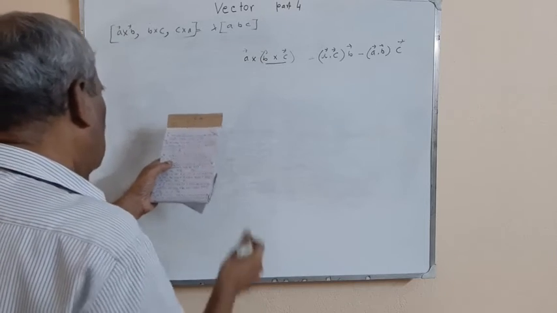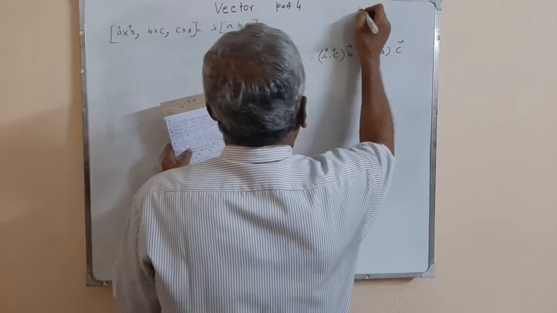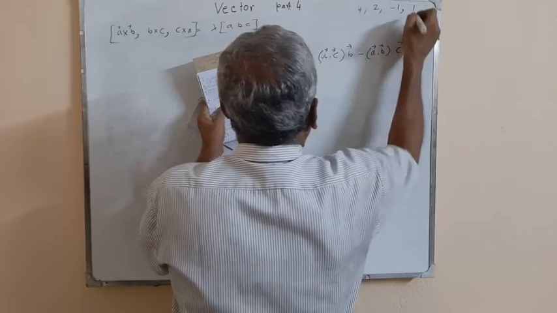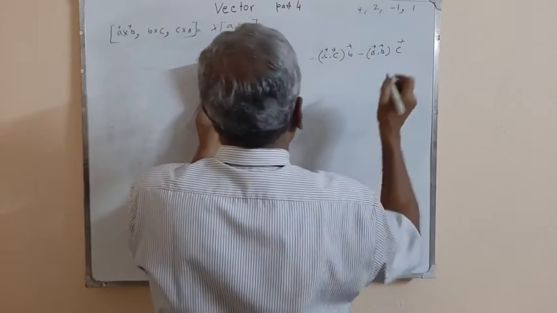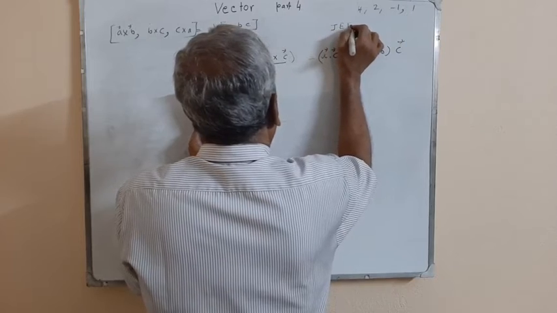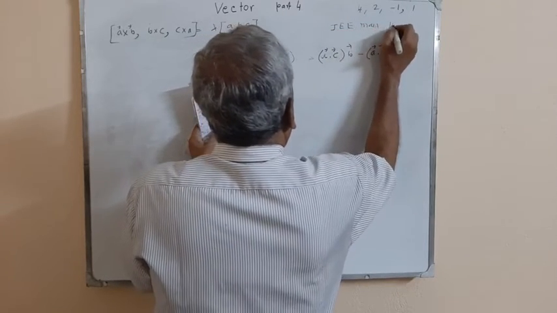The value of lambda is, options are 4, 2, -1 and 1. It is given in JEE Main 14.